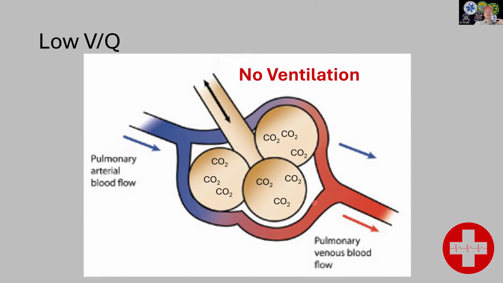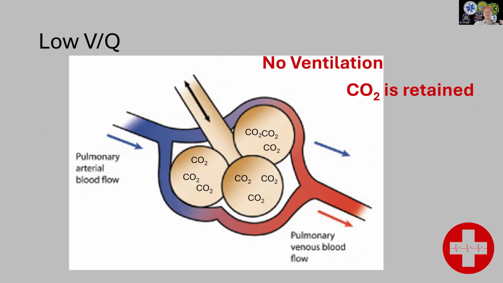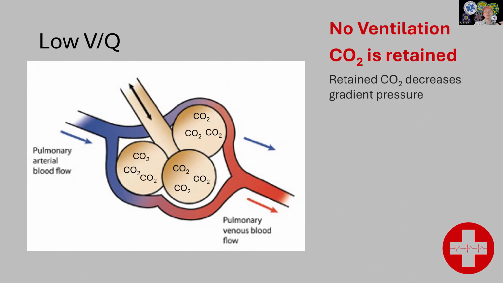So CO2 gets held up in these alveoli until we have all this CO2 that's backed up and our gradient pressure starts to go away. Remember that we need to have low amounts of CO2 in the alveoli for CO2 to want to leave the blood and go into the alveoli.